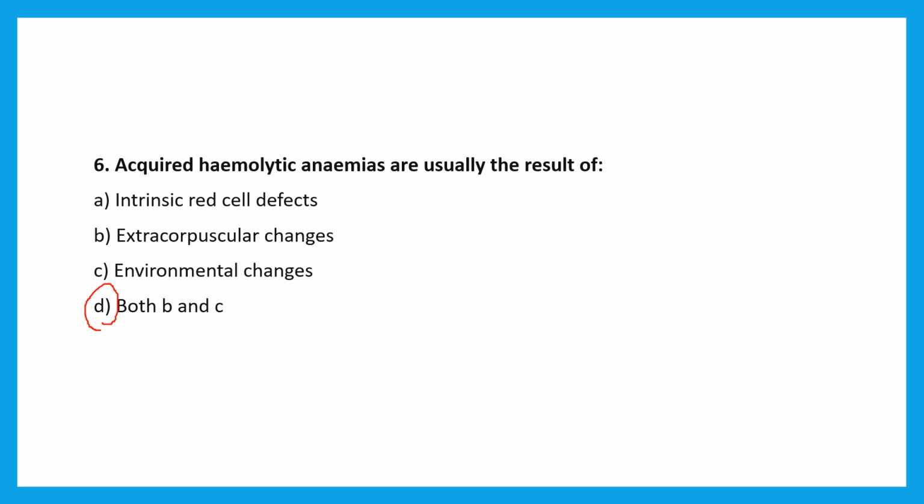It can also be because of toxins, infections, and mechanical trauma, as with artificial heart valves. So B and C are the only available options according to what we've discussed here. And therefore, we move to the next question, which is question number 7.